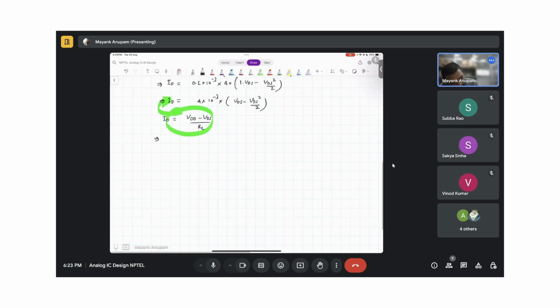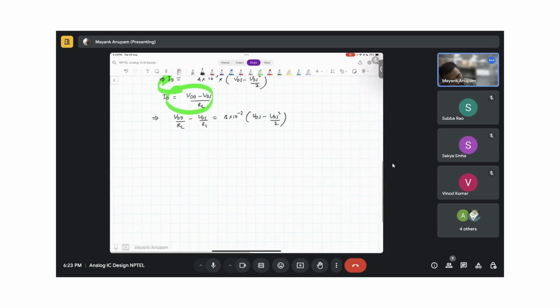Okay, what will we get? We'll get VDD by RL minus VDS upon RL is equal to 4 into 10 to the power minus 3 VDS minus VDS square by 2, right? Now it's a quadratic equation in VDS, isn't it?